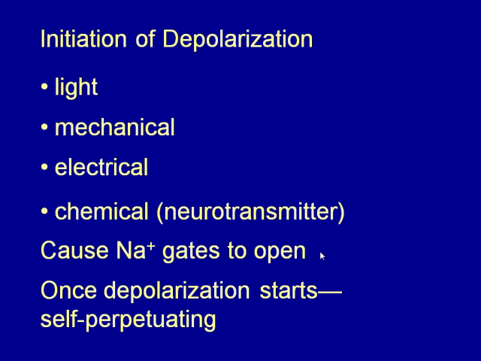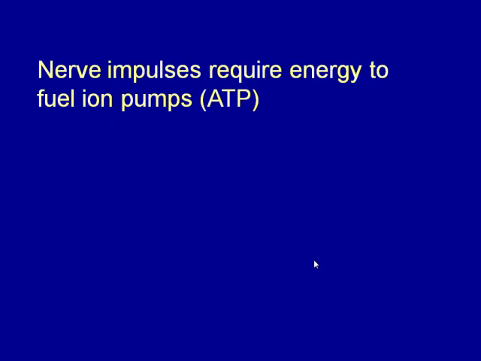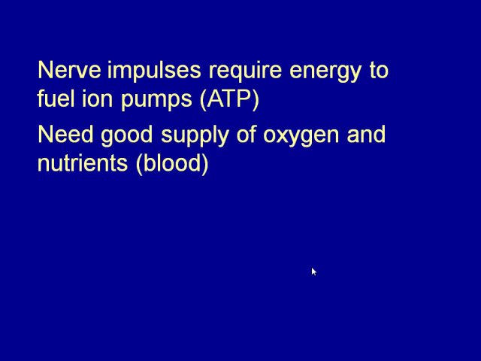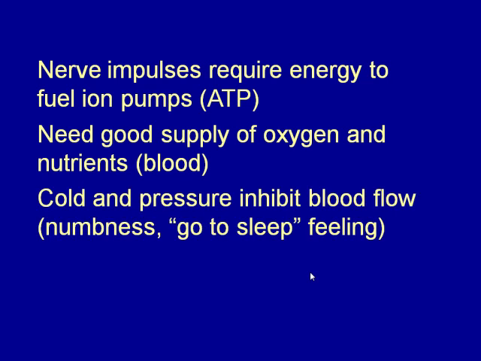Nerve impulses require a lot of energy because you've got to fuel those ion pumps. The sodium and potassium pumps take ATP in order to restore resting membrane potential. As a result, nerves need a good supply of oxygen and nutrients to generate that ATP. If you apply cold to an area or pressure to an area, you inhibit blood flow. And before long, your nerves can't keep generating ATP.